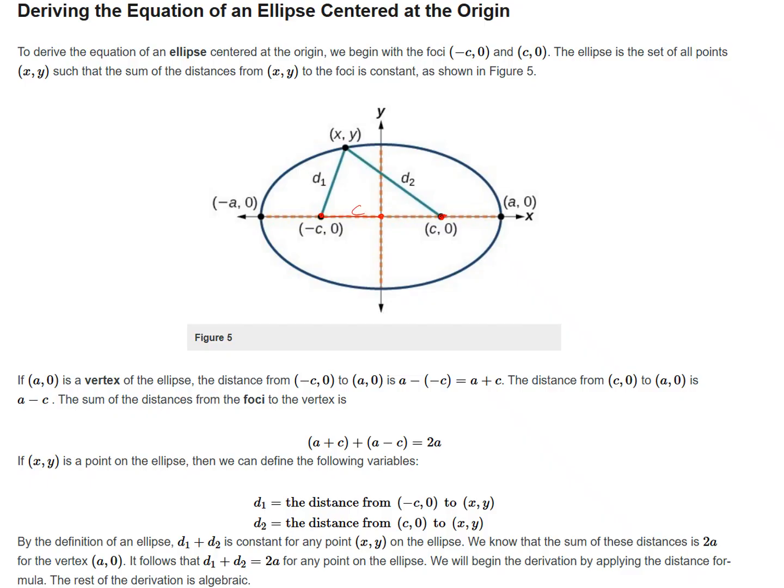This is c. And this is also c. Now, if you consider this triangle, we have here our distance d1, the distance from this point towards this focus. So we call this distance d1. And then we have here another distance, we call it d2.